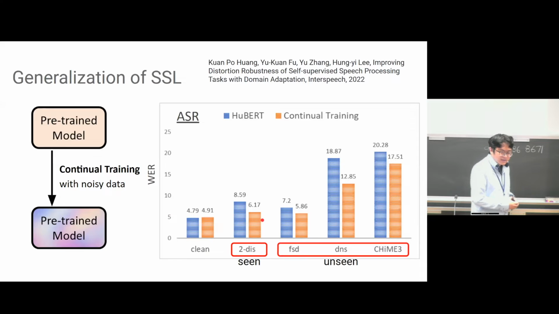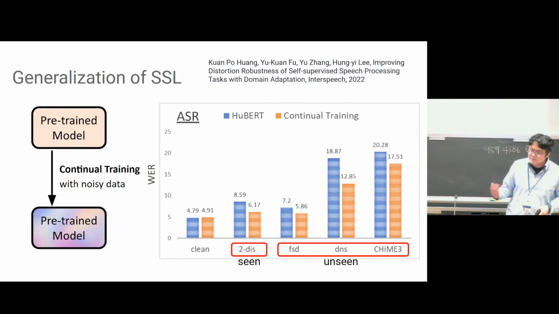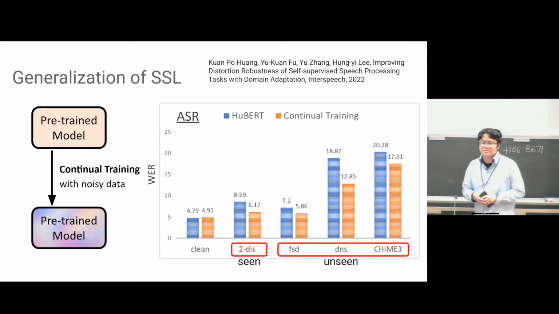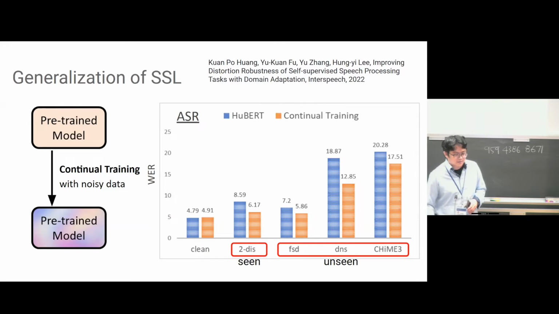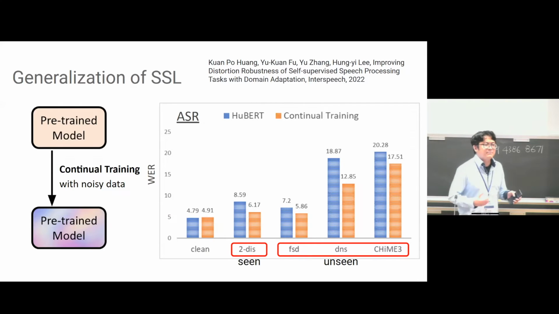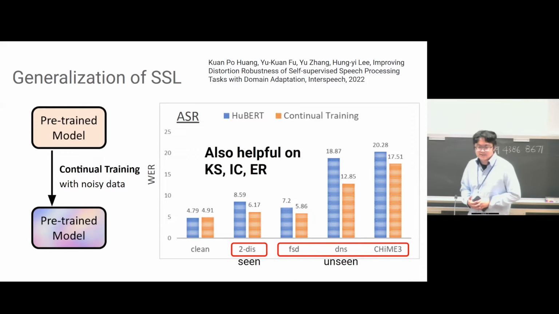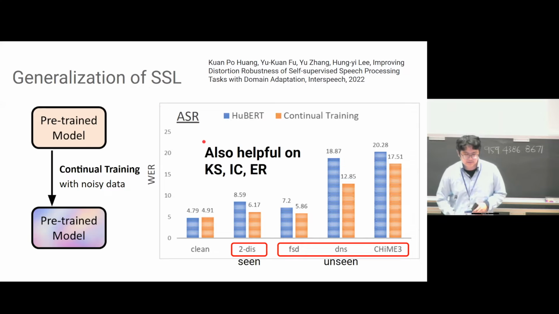However, we found that continual training is also helpful for unseen distortion. Even though some distortions have never been seen during the continual training, the performance of self-supervised models still becomes better in the downstream task. And the same thing happens on keyword spotting, intent classification, and emotion recognition.